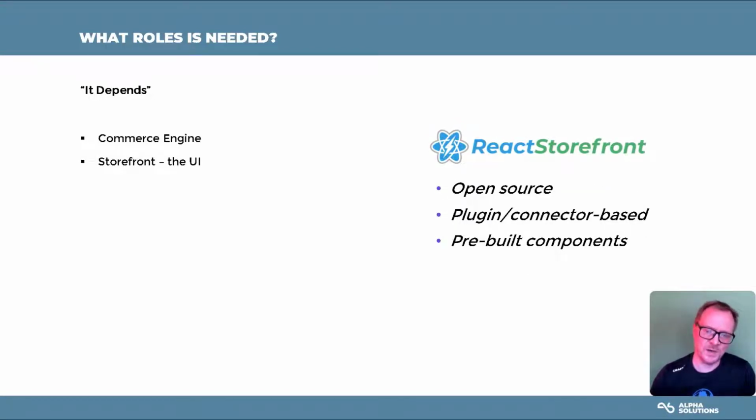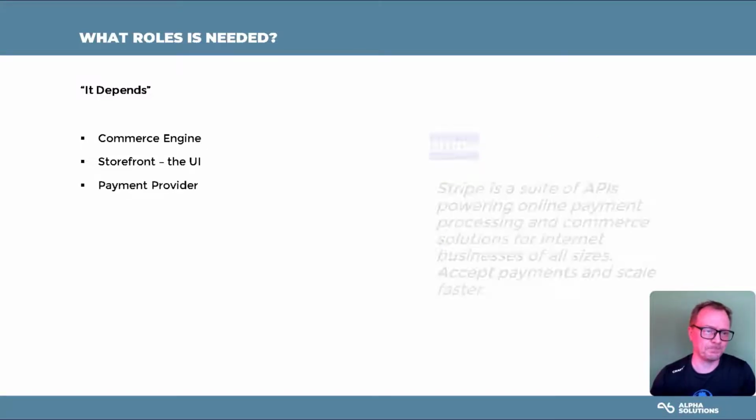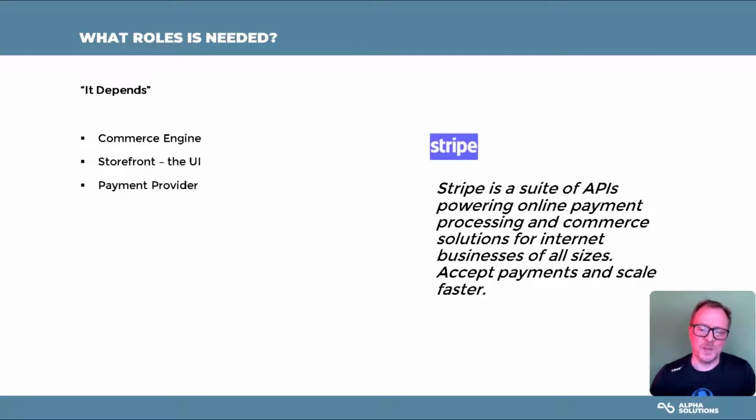For our demo, we have chosen to use an open source one based on, you might get a hint from the name, React and Next.js. It's plugin and connector based and has connectors to all kinds of different commerce engines. We built a connector for Sitecore OrderCloud, and it also comes with a bunch of pre-built components. Then you also need a payment provider, obviously, since it's e-commerce. We have chosen to use Stripe.